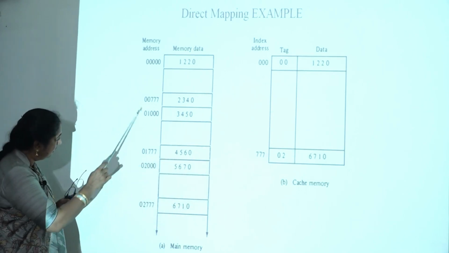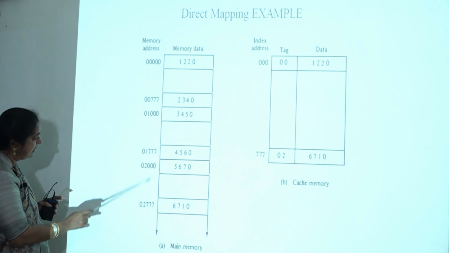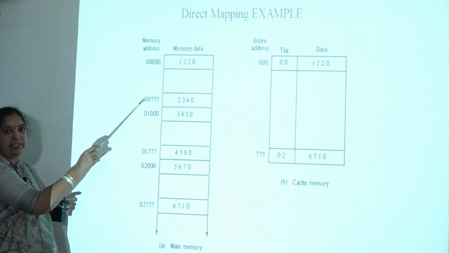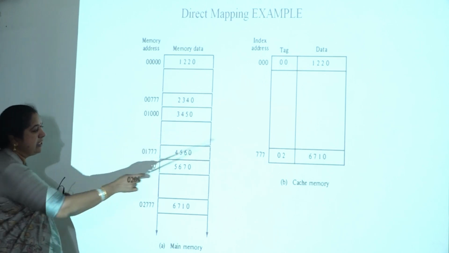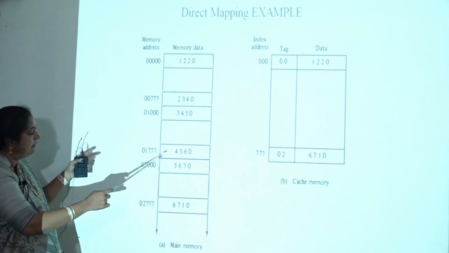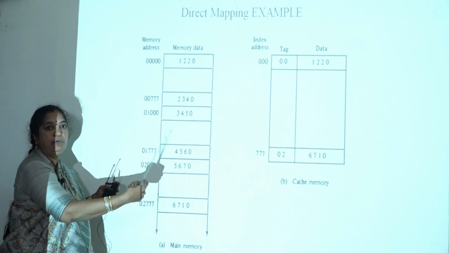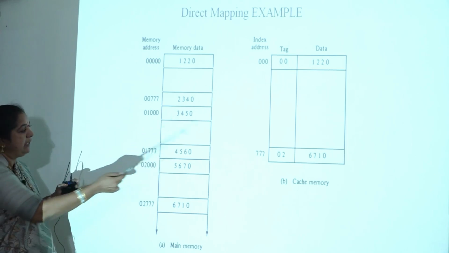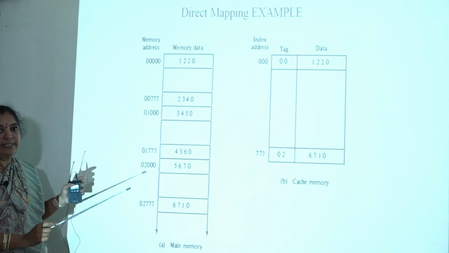For the same index 777, in this example we have 3 data, but at a time we can store only one data line. If either of the other two is requested, again we have to do all the process of searching in the main memory, mapping and replacing. So that is the disadvantage.